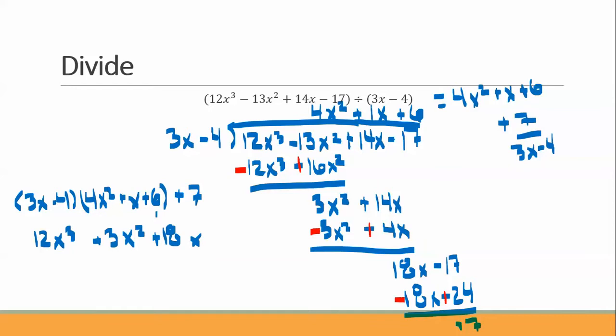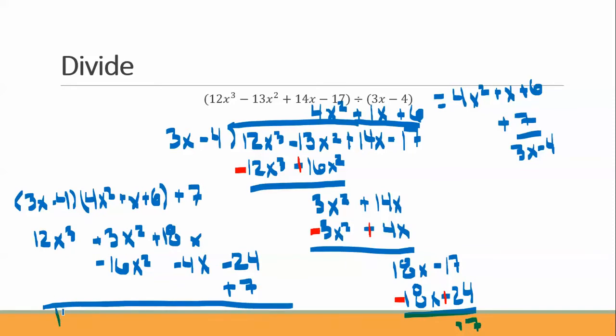Minus 4 times this whole thing is going to be minus 16x squared minus 4x minus 24. And then we add a remainder at the end of plus 7. We have 12x cubed minus 13x squared plus 14x minus 17. So this is the same as what's under here, so our answer is correct.